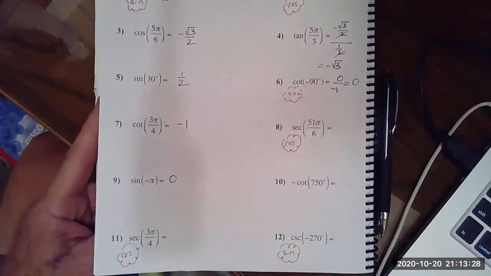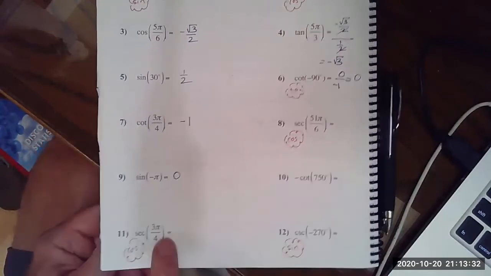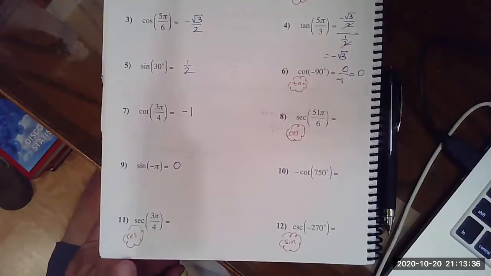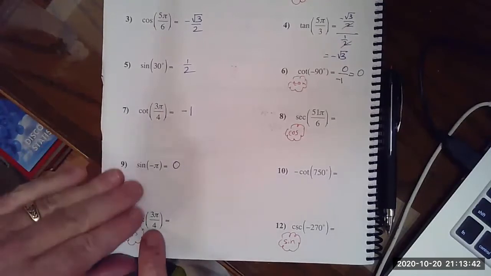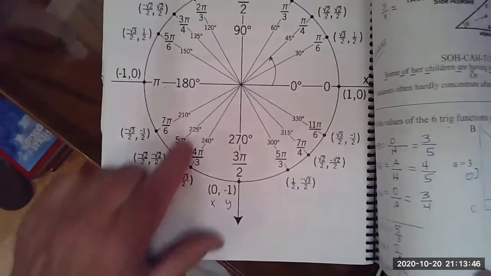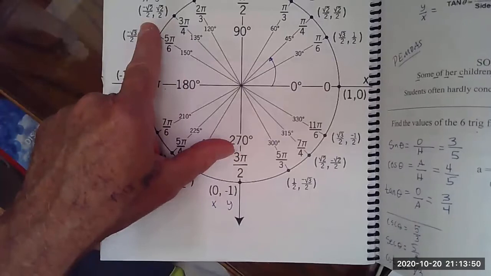I'm going to hold off on these two for a moment. I'm going to do 3 pi over 4. Since it's secant, I'm thinking the cosine, which is the reciprocal of secant. So cosine of 3 pi over 4, and then take the reciprocal. Cosine of 3 pi over 4 would be the x. Now take the reciprocal.